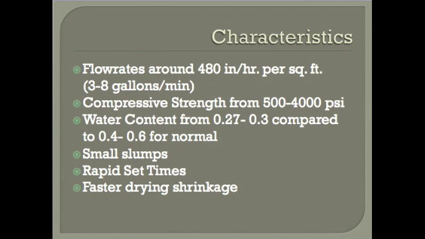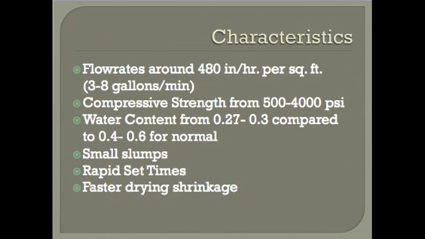Now for some characteristics of pervious concrete. Pervious concrete has flow rates flowing in one side and out the other side of 480 inches per hour per square foot, which is equal to 3 to 8 gallons per minute through that square foot.